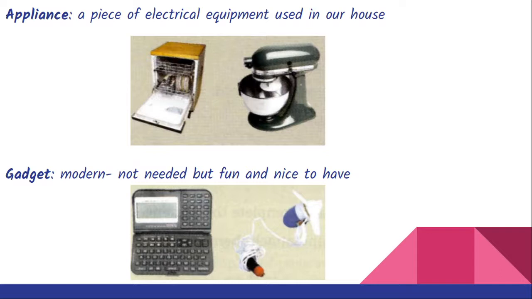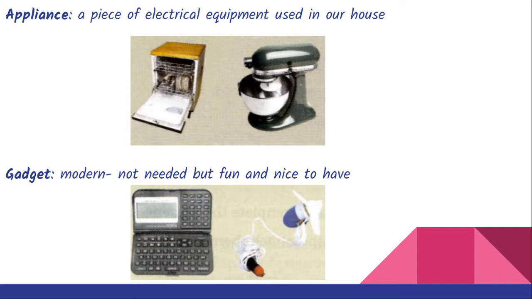A gadget. As opposed to an appliance, in terms of necessity, I'm not talking about modernity, because we have very modern and innovative technologies in our houses, and we even talk about smart houses. But here I'm talking about necessity. Sometimes we need an appliance and we do not need a gadget.